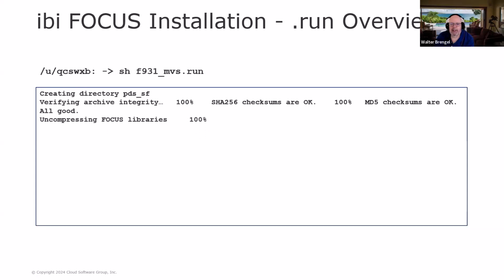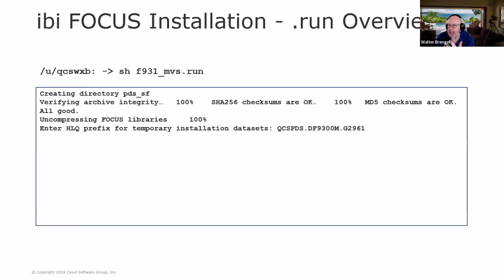Then we're going to uncompress the Focus libraries. Again, you'll get a percentage counter. Enter the high-level prefix for temporary installation datasets. So this is going to be the name on your MVS side. That's going to be the high-level qualifier of your f.home files as part of the installation.